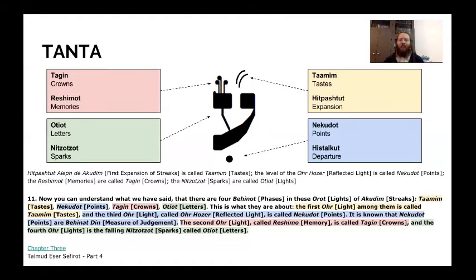Because the reflected light is from the new state, it's stronger than a memory. And therefore it pushes the memory outside of the vessel and just above it, to affect it from above. And that's why it goes above the letter.